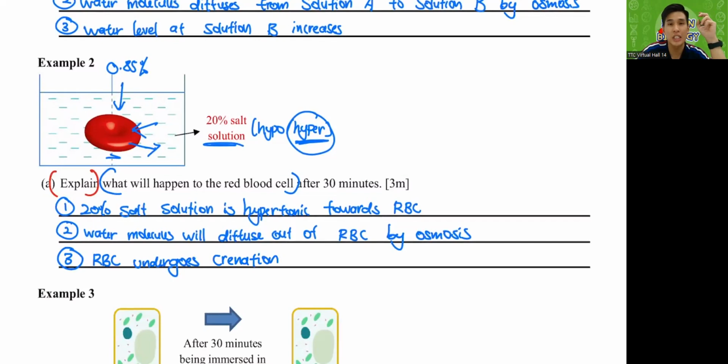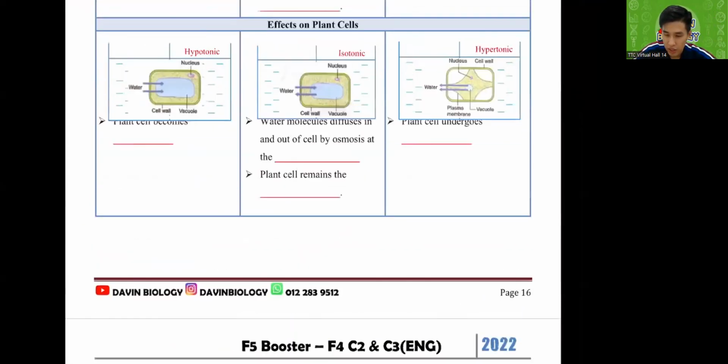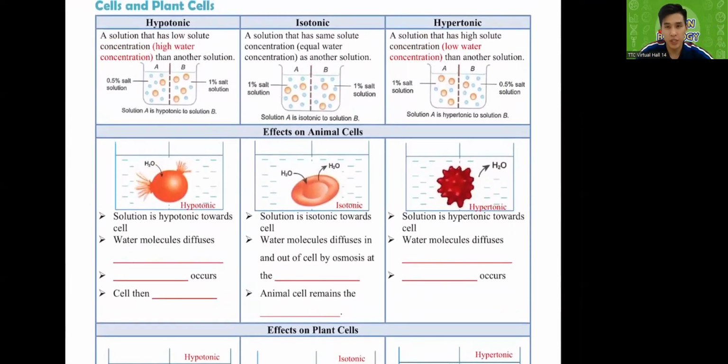So crenation is the term to describe an animal cell shrinking. Understand? Can, so crenate. So if you look here, above here, basically you can write here: this is hypertonic, that time, crenation.